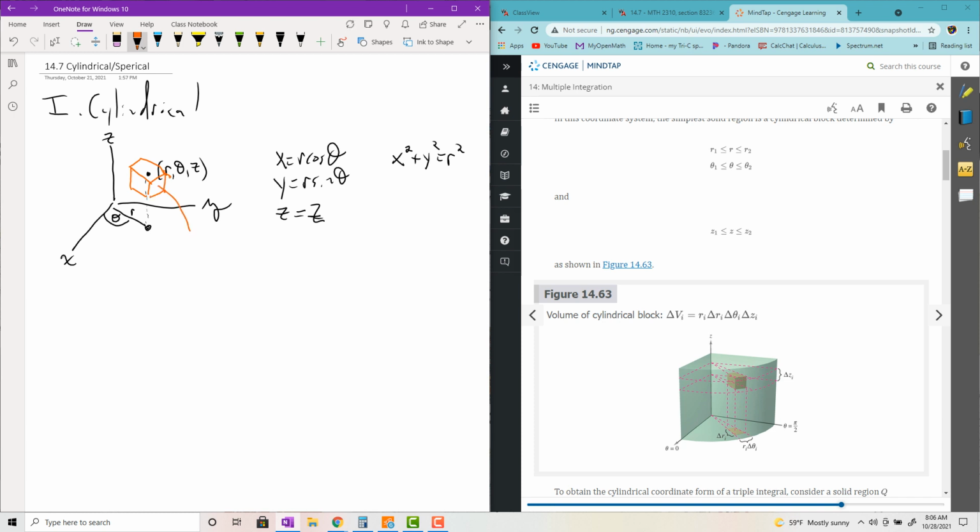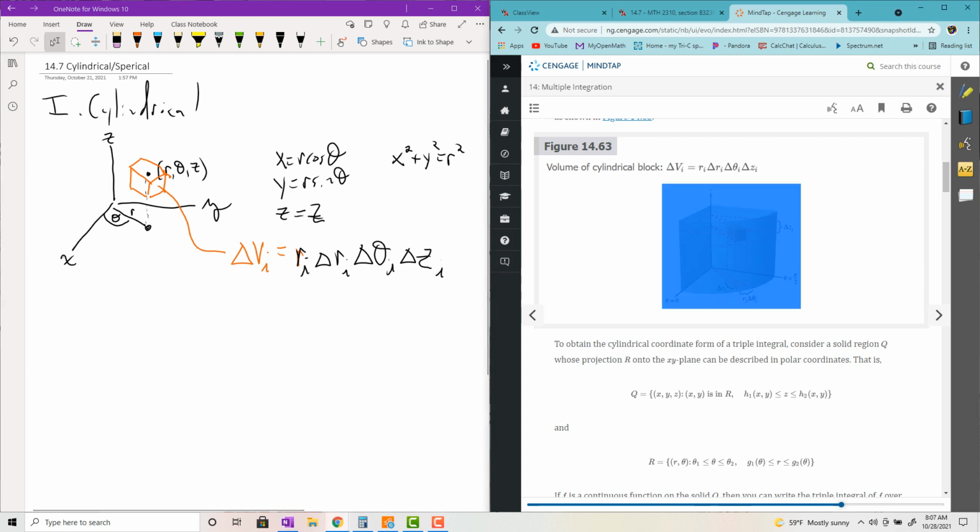So anyways, we'll say that little block there, call it delta V sub i, will have volume r sub i, delta r sub i, delta theta sub i, delta z sub i. Okay. So it's not your usual block like you would see in the rectangular coordinate system. And you can see a nice picture of it there in 14.63. I won't try to draw it any better than what I did.